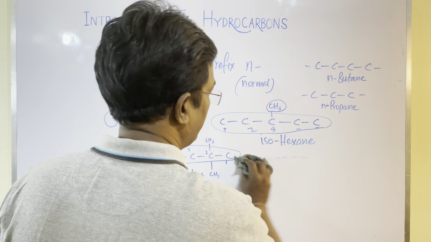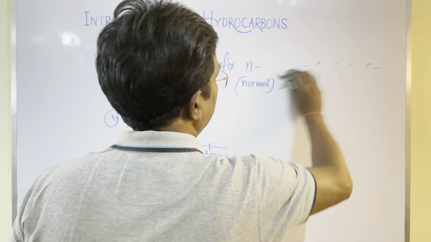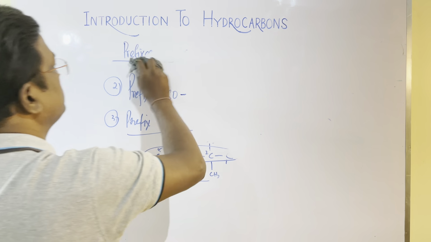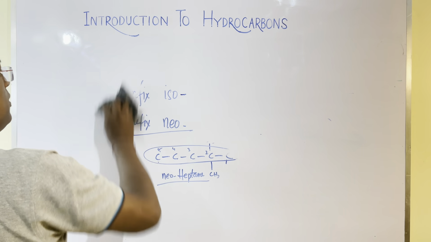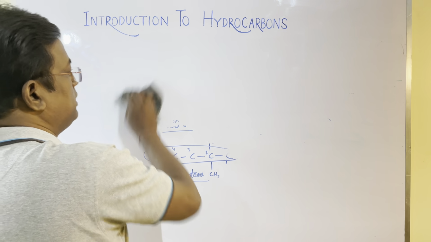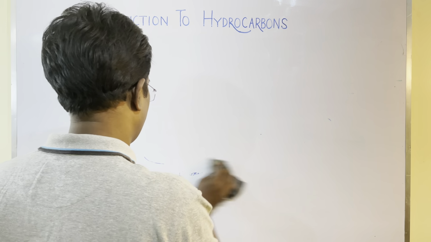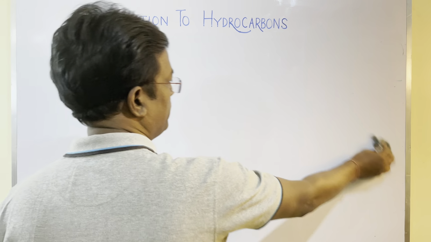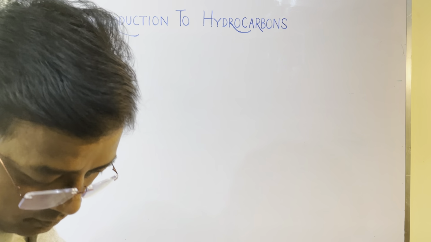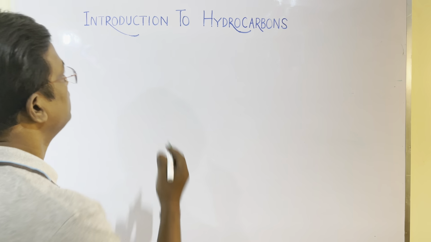Next is the structure of alkanes, which is quite easy. We'll start with the structure of the first member, methane.